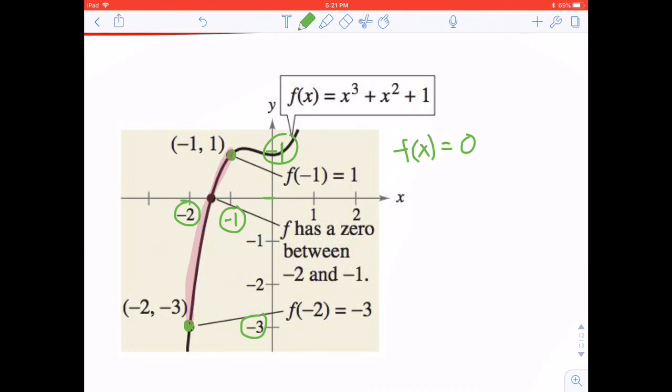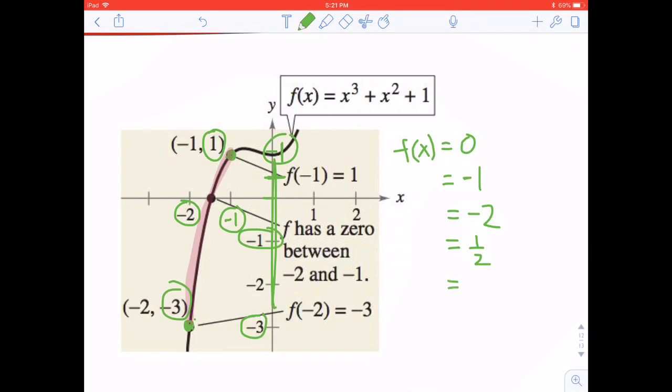We're also going to have a y value of -1, because it is in between those y values here. We're also going to have a y value of -2, and anything else in between. So we could have a y value of 1/2, because 1/2 lands right here, and it's between the two y values of these 2 points.